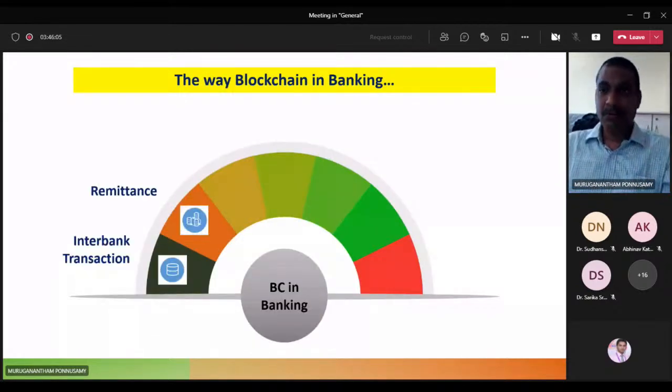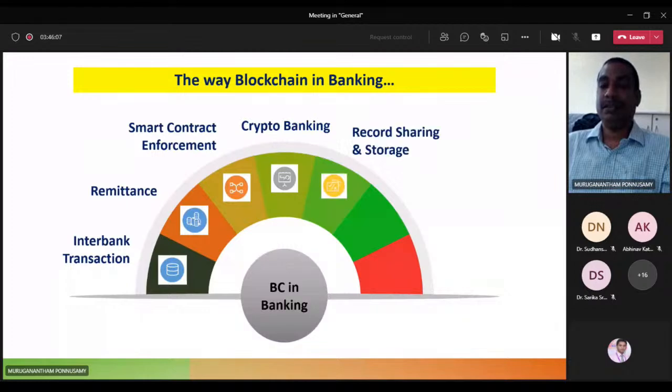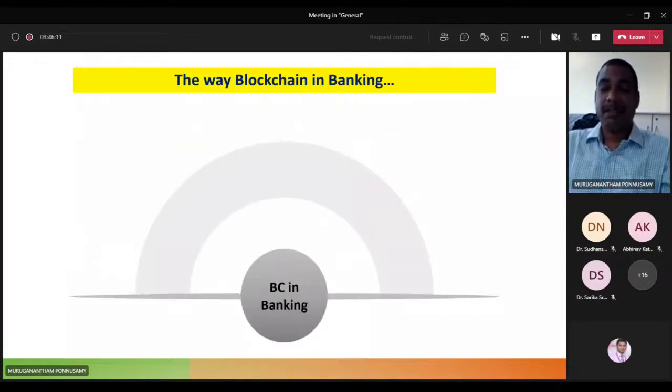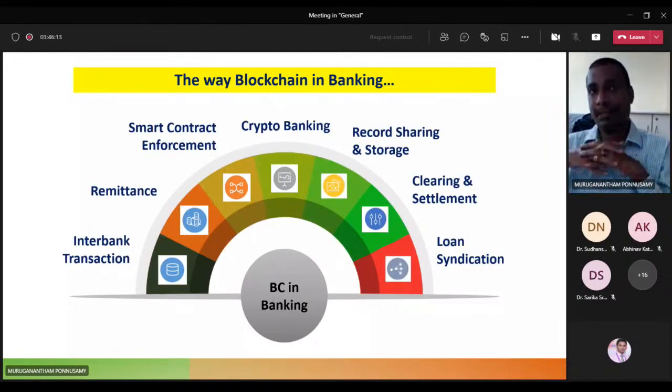How is blockchain used in banking? It might be interbank transaction. I have given an example. JP Morgan Bank has implemented blockchain internally for their interbank transaction activities.